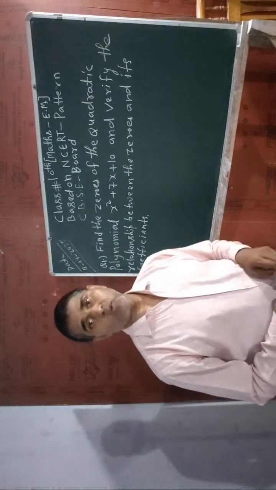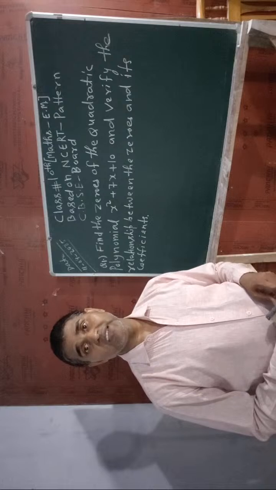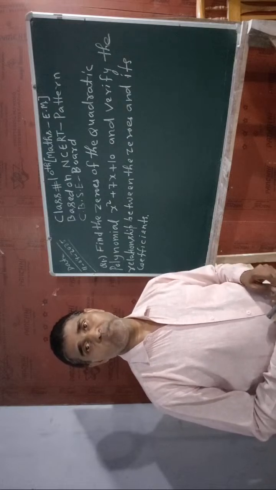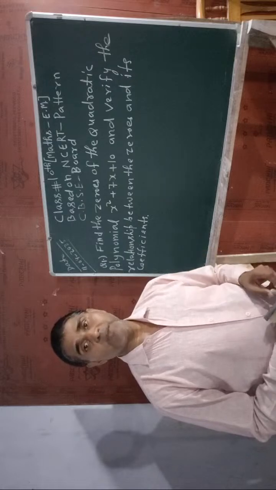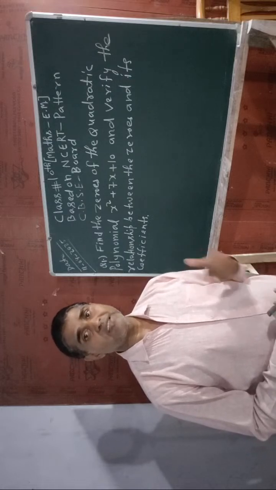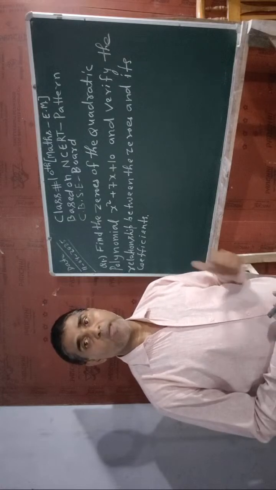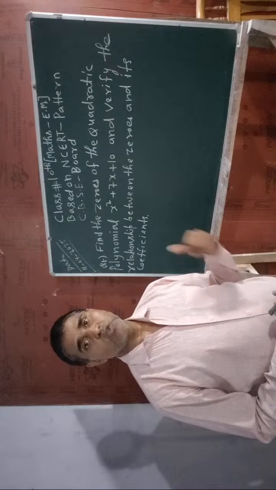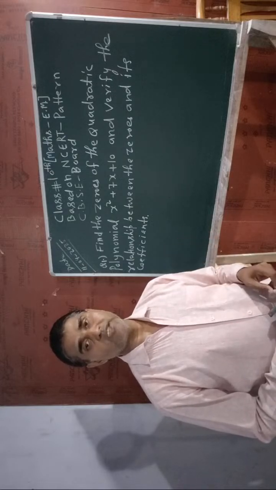Here one quadratic polynomial is given, and you have to find the zeros of the given polynomial. After getting the values of the zeros, you also have to verify the relationship with the coefficients of the polynomial. Okay, students.